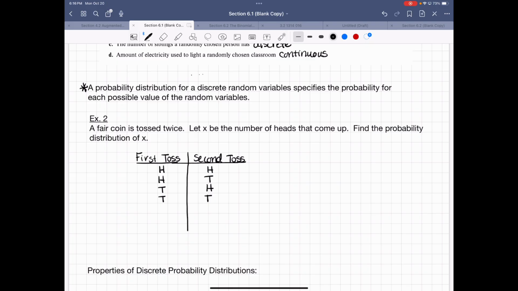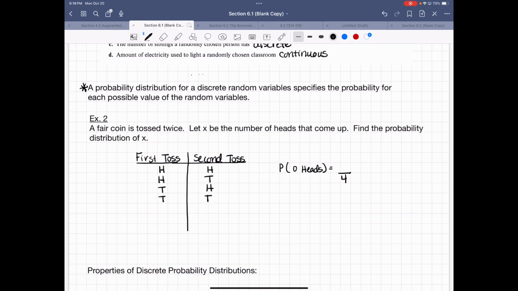So, X is the number of heads that come up, okay? So, what is the probability that we get 0 heads? How many total combinations are there right there? There are 4, right? So you do a toss and a toss, that's 1. A toss and a toss, that's 2. A toss and a toss, that's 3. A toss and a toss, that's 4.